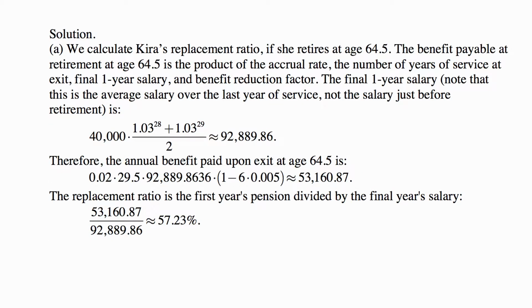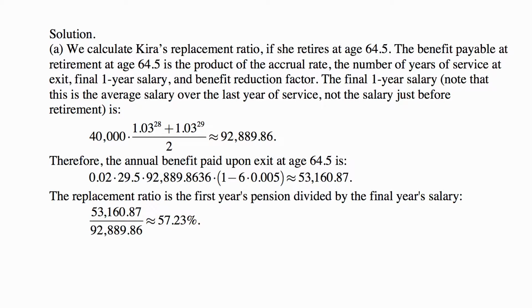Let's calculate Kira's replacement ratio if she retires at age 64.5. The benefit payable at retirement at age 64.5 is the product of the accrual rate, the number of years of service at exit, final 1-year salary, and benefit reduction factor. The final 1-year salary, and note that this is the average salary over the last year of service, not the salary just before retirement, because it's supposed to be over a year.